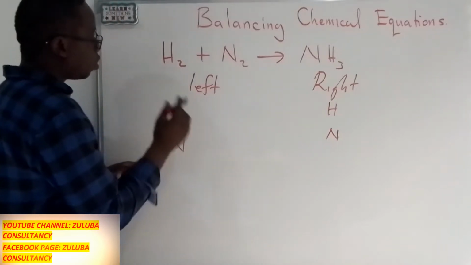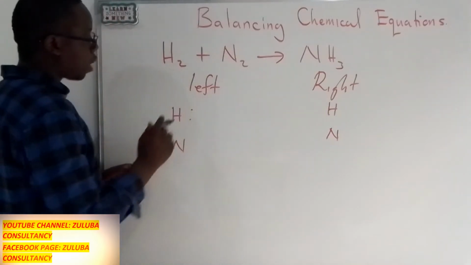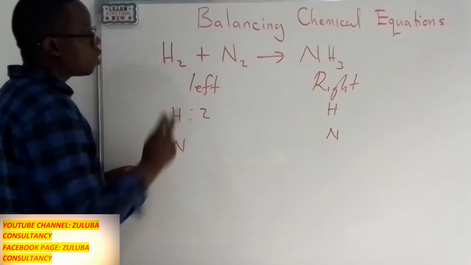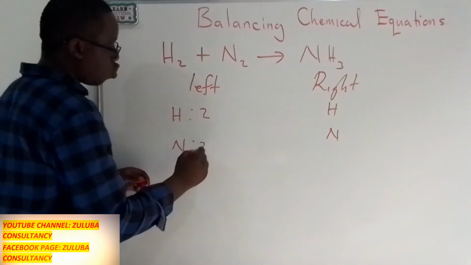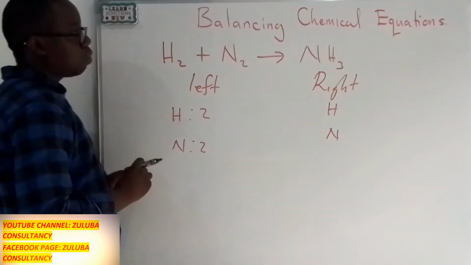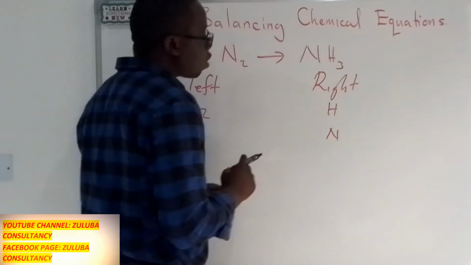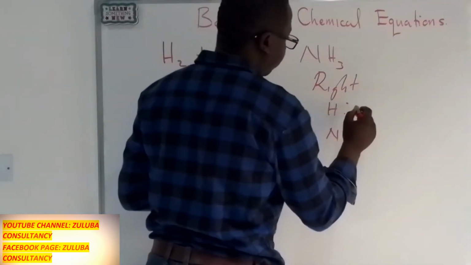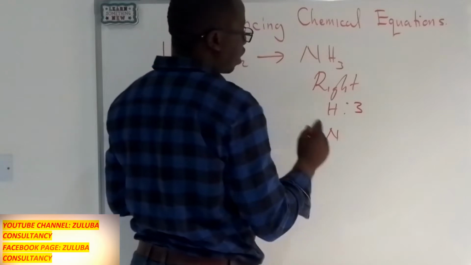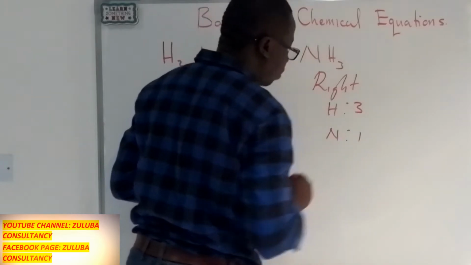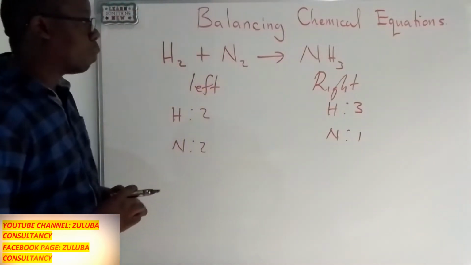So, how many hydrogens do we have? On the left side, we have 2 hydrogens, then 2 nitrogen. On the right side, we have 3 hydrogens and 1 nitrogen.